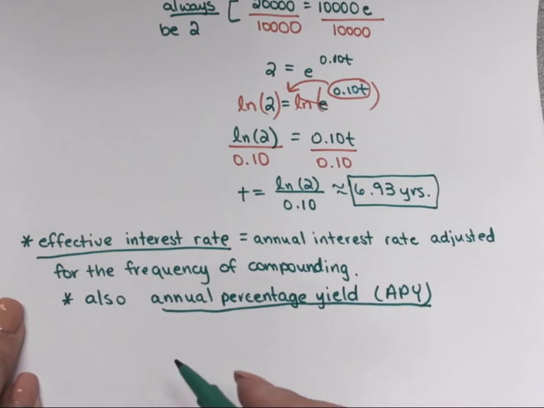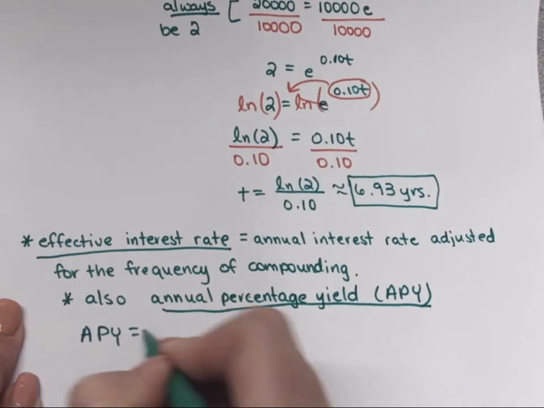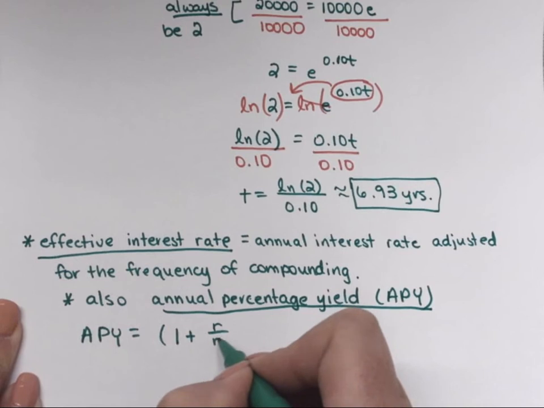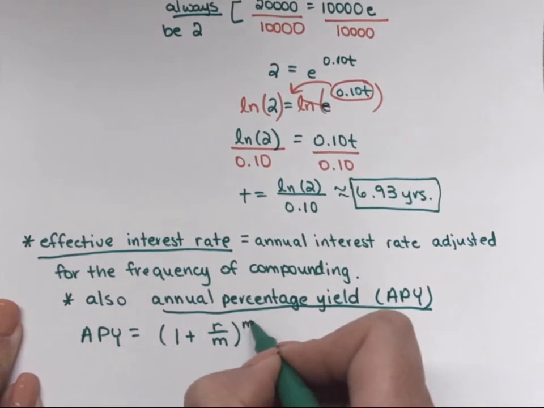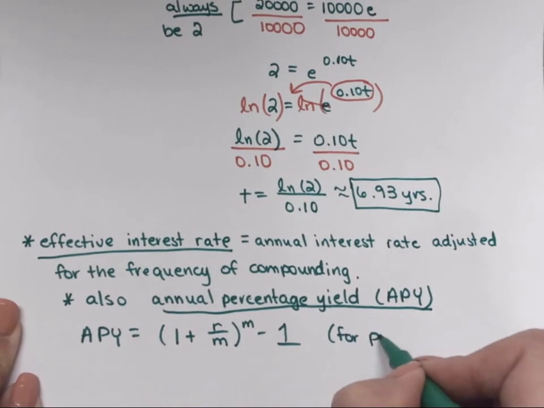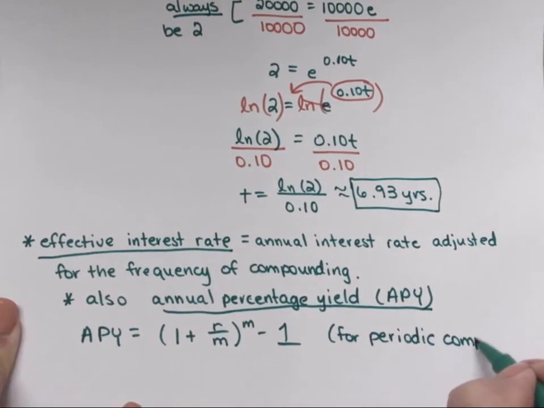So here are two versions of APY. The first one is (1 + r/m)^m - 1. Okay, this is for periodic compounding. What does periodic mean again?